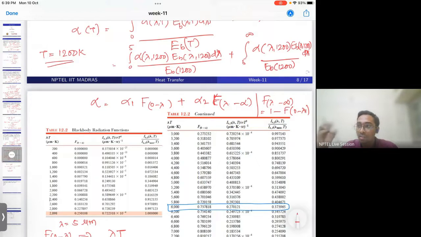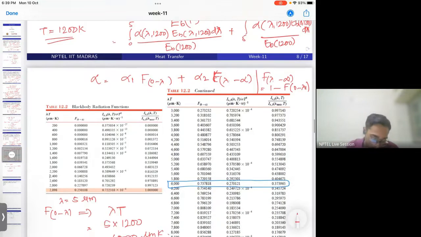So we should consider the black body radiation function corresponding to lambda T equal to 5 into 300, that is 1500. The rest of this is the same, so the calculations are the same. As it is at steady state condition, that is both the body and the wall are at the same temperature, we can use Kirchhoff's law and say that alpha is equal to epsilon. I hope this was clear.